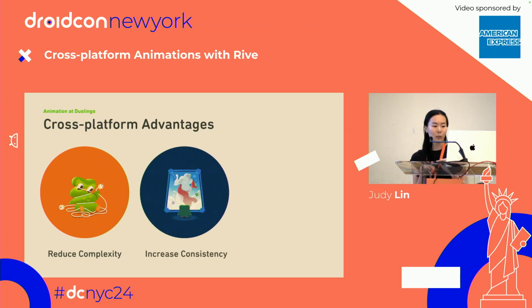So natively built UI often leads to platform discrepancies. Some UI can be easier or harder to build on different platforms. And different bugs can be introduced. But with one Rive animation, we not only guarantee all visual states are the same, but we also guarantee all behavior is the same.